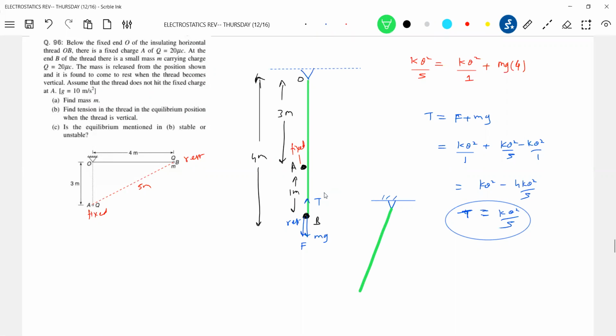So this is the thread. Let it be displaced like this. Now you analyze. This is the slight displacement. So the point charge A will be here. So what are the forces that will be acting? Tension, weight mg, and the repulsive force will act in this direction.